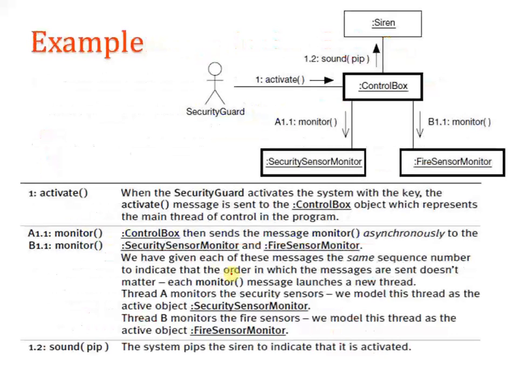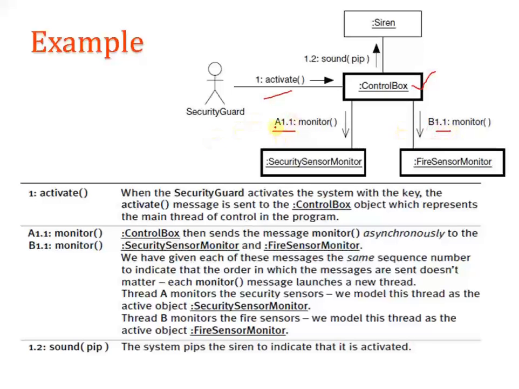Now you can see this example. The first message, as usual, which is triggered, is called active. When the active message has been triggered, immediately the control box is activated. So the focus of control first goes to the control box, and then the control box sends two messages simultaneously, both numbered 1.1.